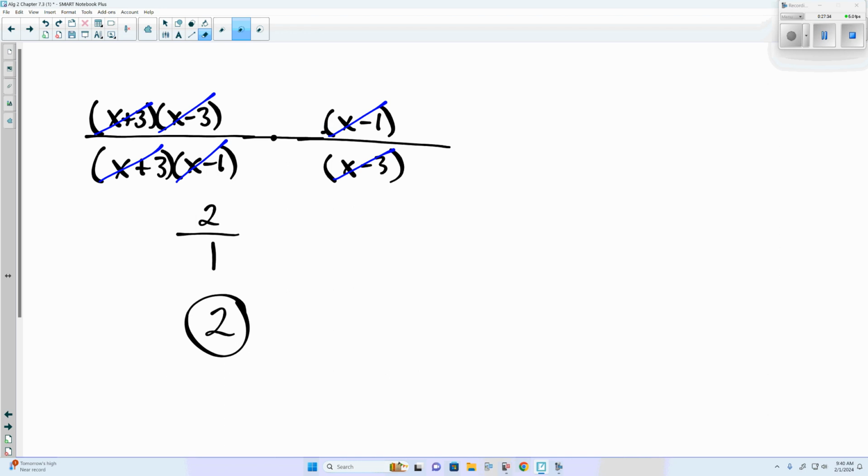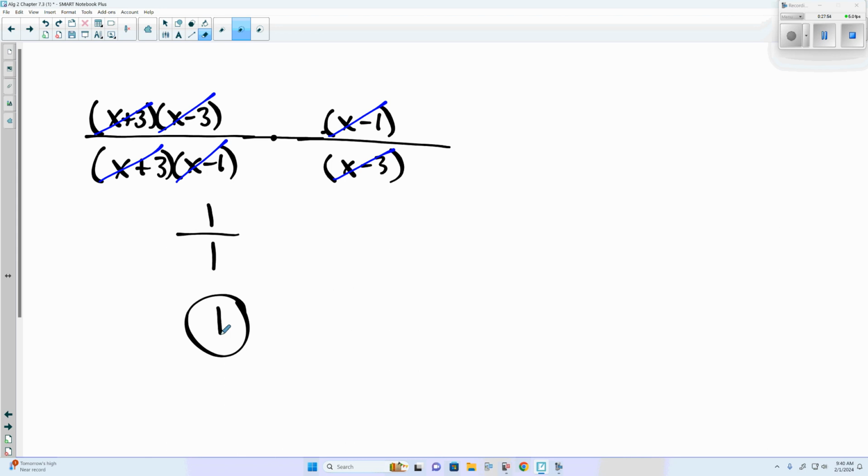And it comes down to the fact that we're trying to divide. We're essentially doing everything divided by itself, yes? Anything divided by itself is 1.